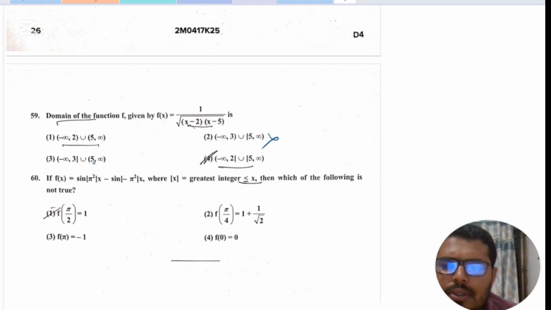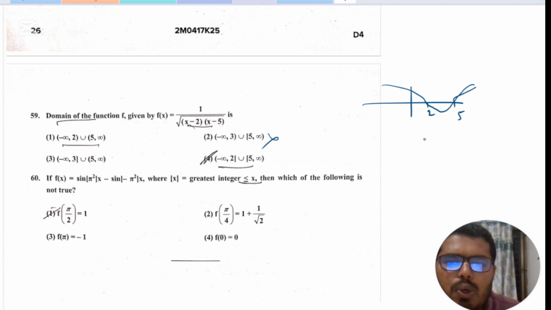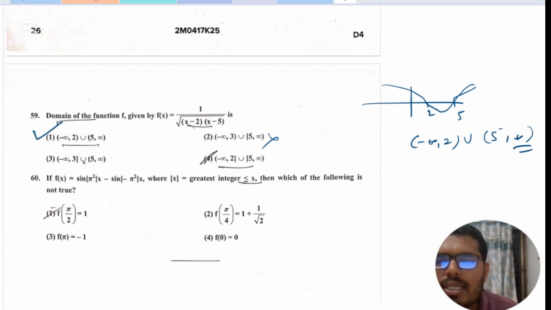Then, see what comes: here is 2, here is 5, and this is the region. Then the domain is minus infinity to 2 open, union 5 to infinity. Therefore option number 1 is correct.